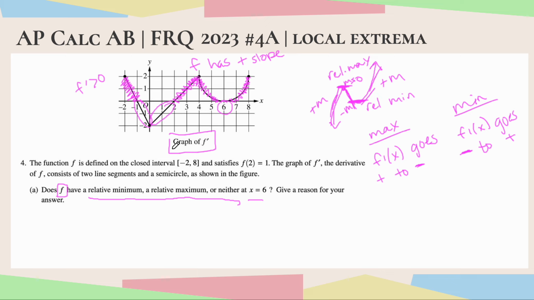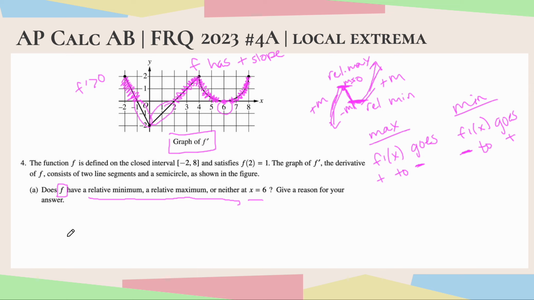So now let's go ahead and go back and actually solve part A. So when x equals 6, what are we looking for? Well, in order for a relative minimum or maximum to occur, we're looking for a sign change. However, in this case, it's positive. It looks like it is 0 here, and then it's positive again. So we don't have a sign change.